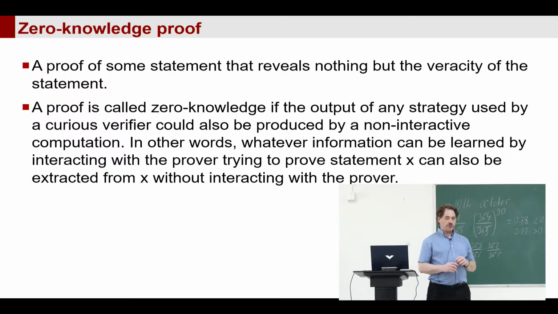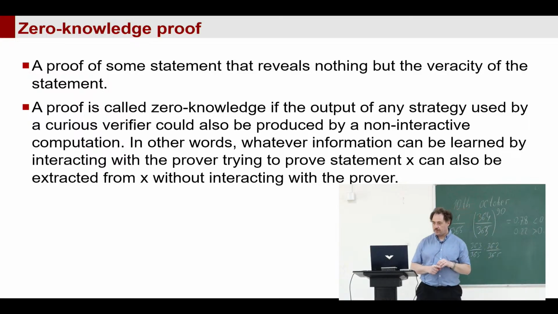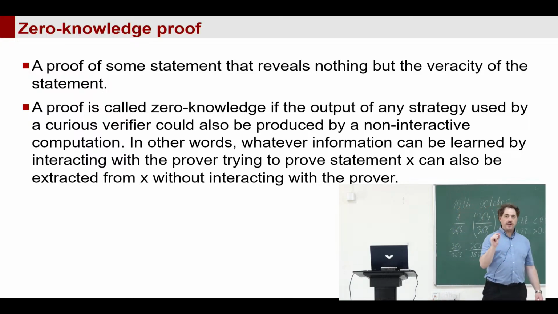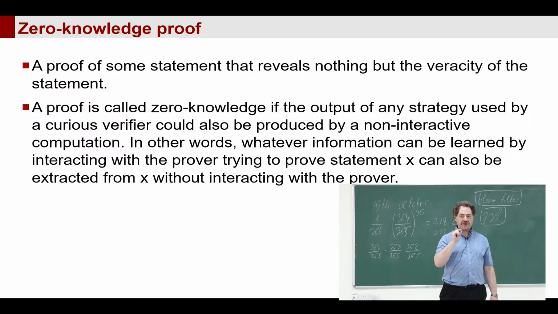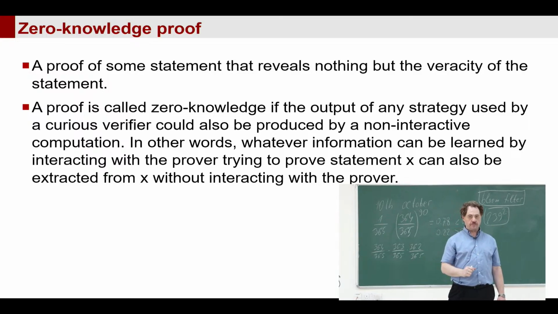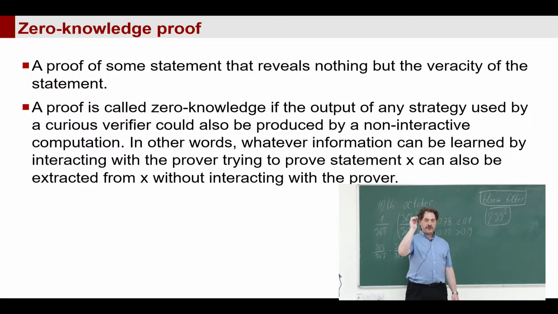Now, what is zero knowledge? That was the proof system. Now, the zero-knowledge part. Zero knowledge means that not only do I want to prove the statement, I want the verifier to learn nothing but the veracity of that statement. For example, I want to prove that my age is above 21.